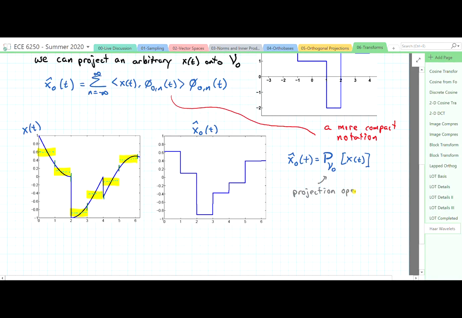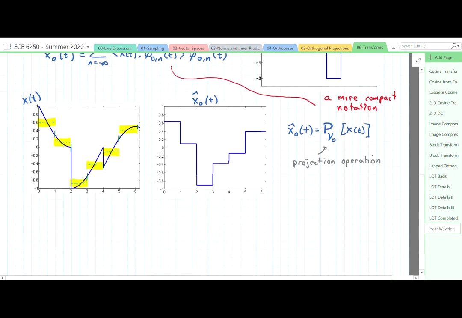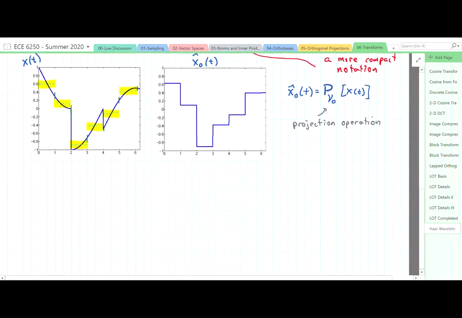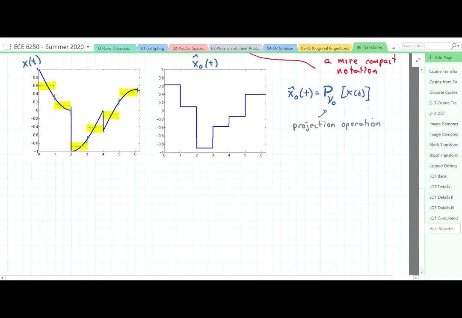So this is performing that function that we have up above as a sum, and the output of this is that signal in V0 that is closest to x of t.